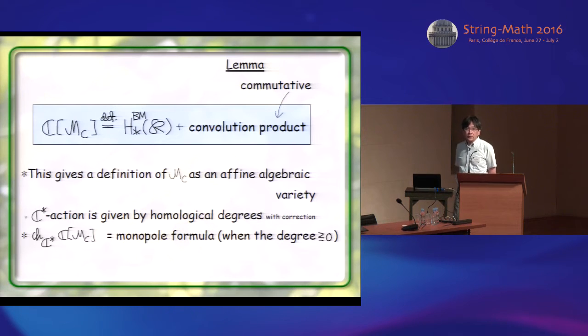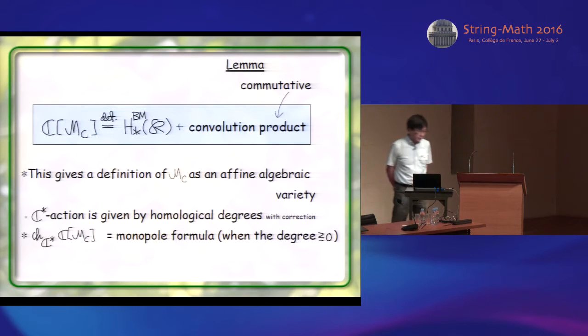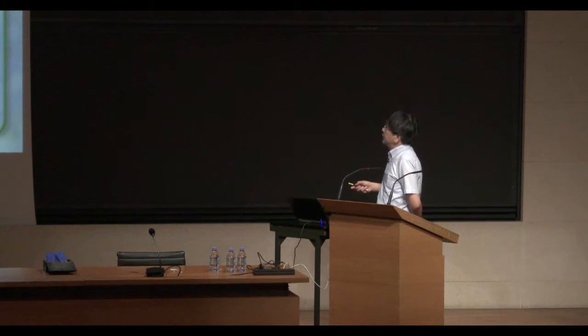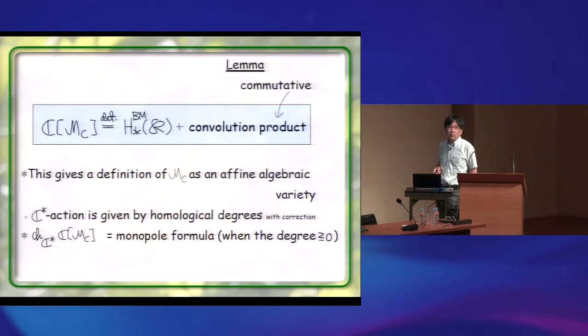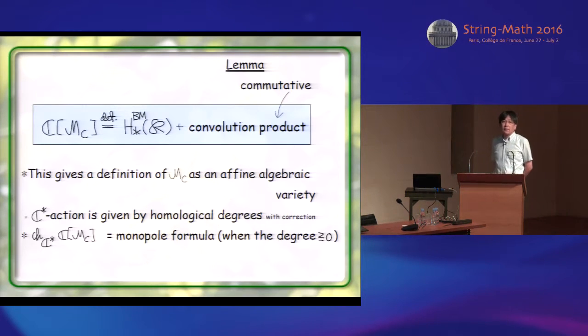So this is a commutative algebra, and this has nice properties such as being finitely generated and so on. Because the Coulomb branch M_C can be recovered from this ring as an affine algebra, M_C is the spectrum of this commutative ring. So this recovers the Coulomb branch as an affine algebraic variety.